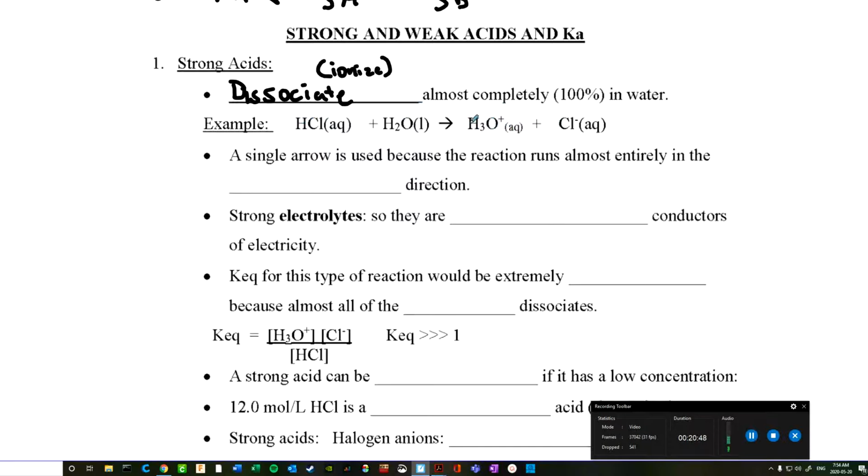It does form, so like this hydrogen jumps on with water to make the hydronium ion and the chloride ion. But to simplify, we always just replace this hydronium ion with H+, just for simplicity. So when it's a strong acid, a single arrow is used because the reaction runs almost entirely in the forward direction.